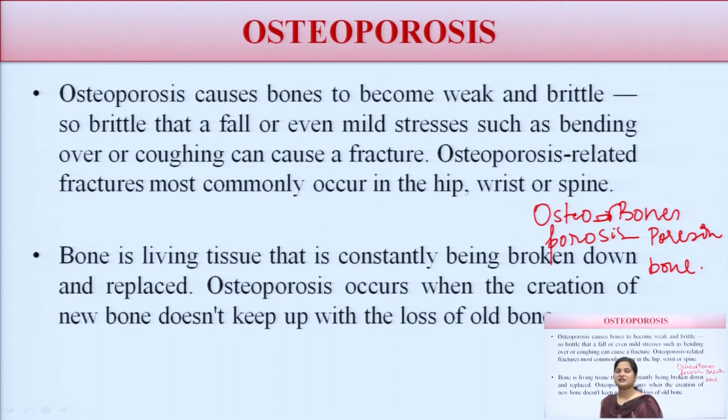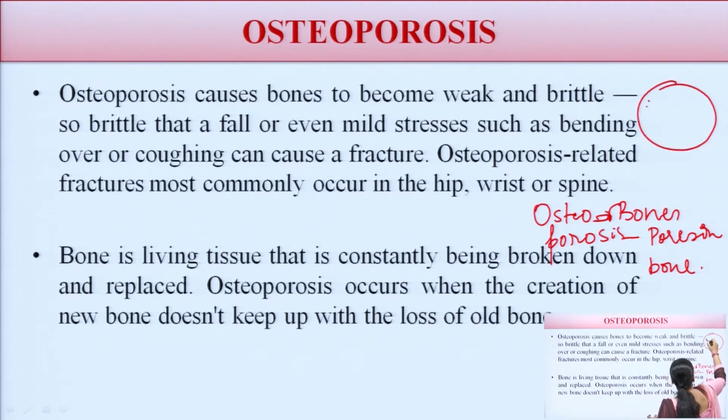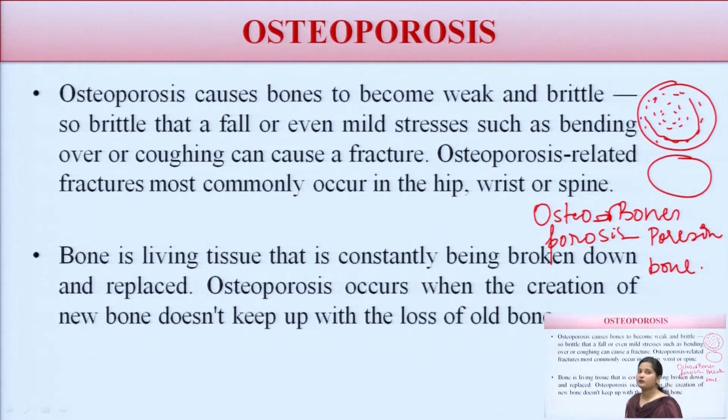If you know the structure of the bone, it is a very dense structure, right. But when the person is suffering from osteoporosis, the bones become porous, meaning the density of those bones becomes very low, that is why it is known as osteoporosis.